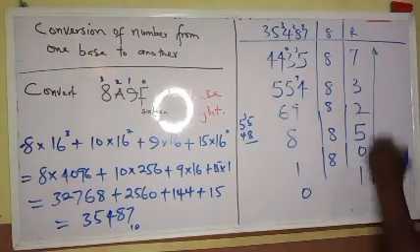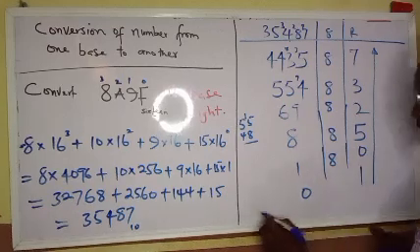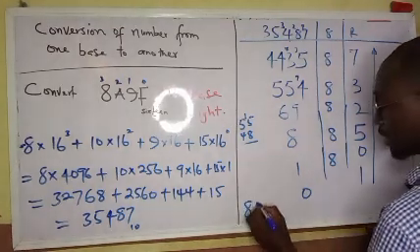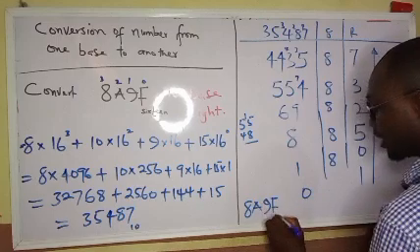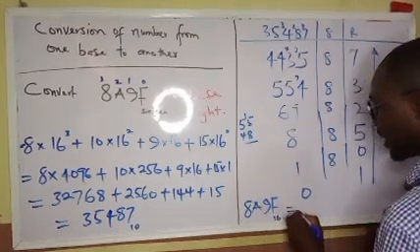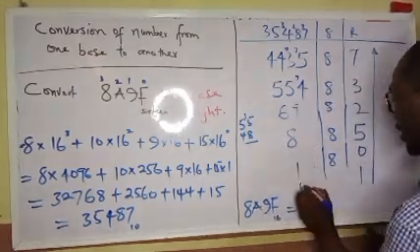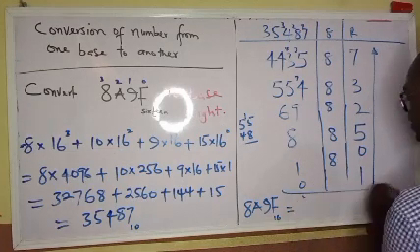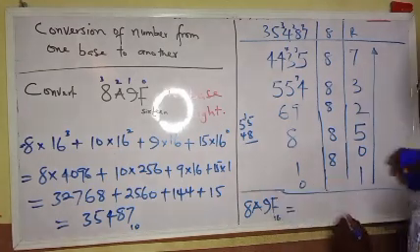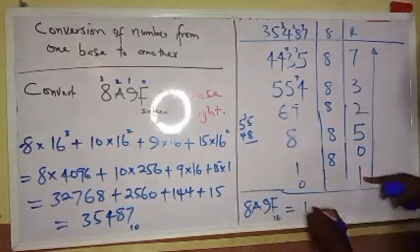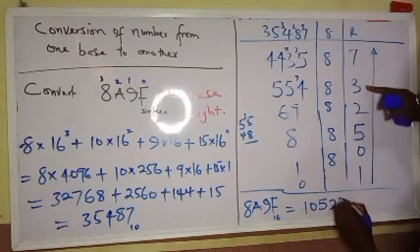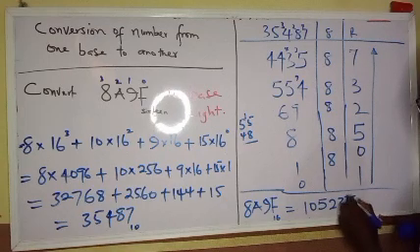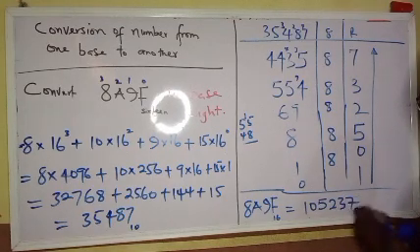So therefore, the number 8A9F in base 16, converted to base 8, is now 1052377 in base 8.